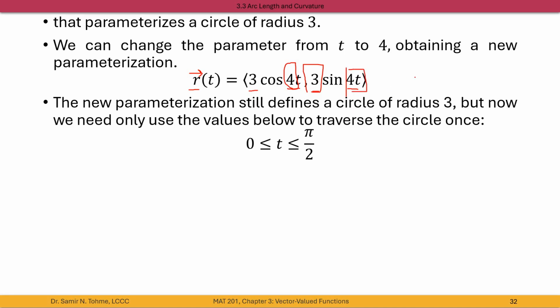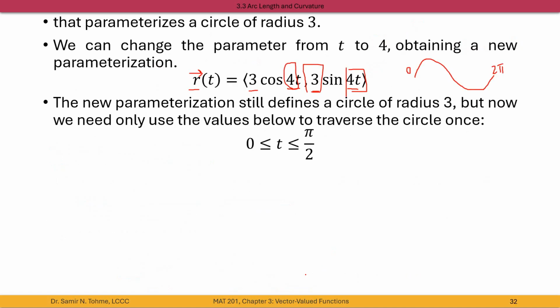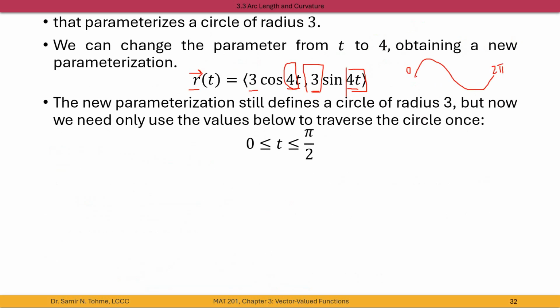We discussed this before when we said we have like a wave that goes from 0 to pi, for the initial one, between 0 and 2 pi. Now, this vector function, the initial one, will cover the circle in 2 pi.